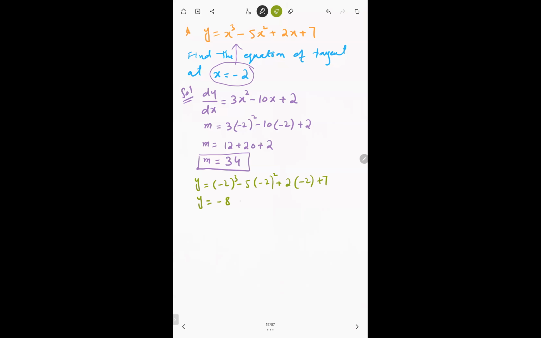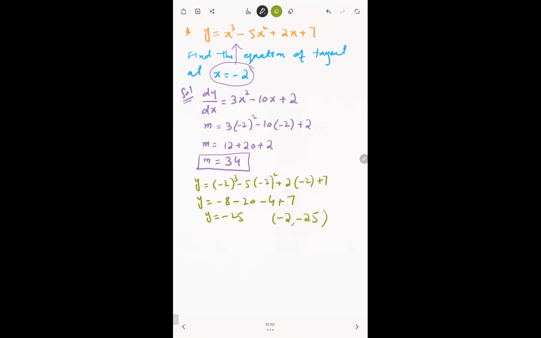It is minus 8, minus 20, minus 4 plus 7, minus 25. So y coordinate is minus 25. So x coordinate was minus 2, y coordinate is minus 25.